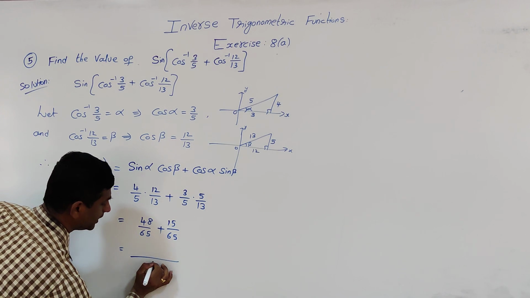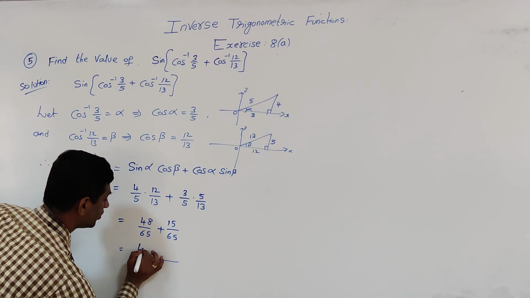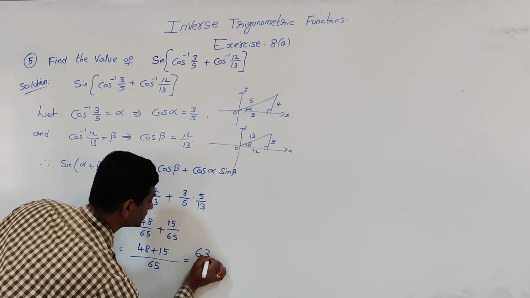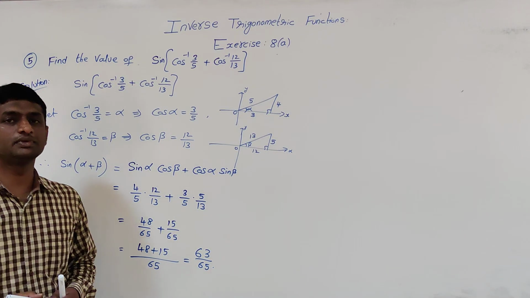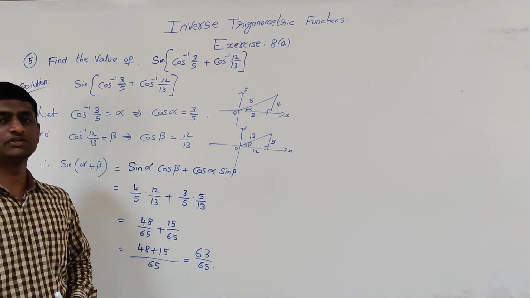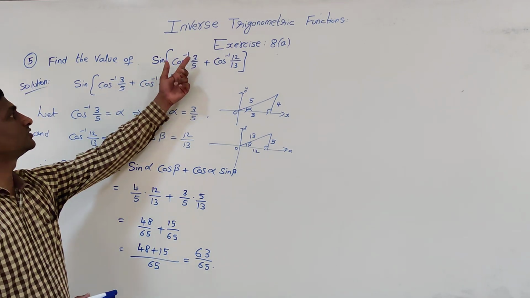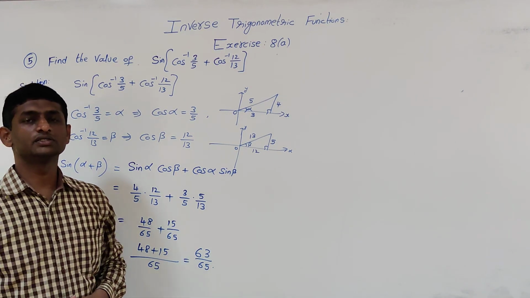So the LCM is the same, that is 65, and the numerator becomes 48 plus 15, which gives 63 by 65. So sine of alpha plus beta is 63 by 65, or the value of sine of cos inverse of 3 by 5 plus cos inverse of 12 by 13 is 63 by 65.